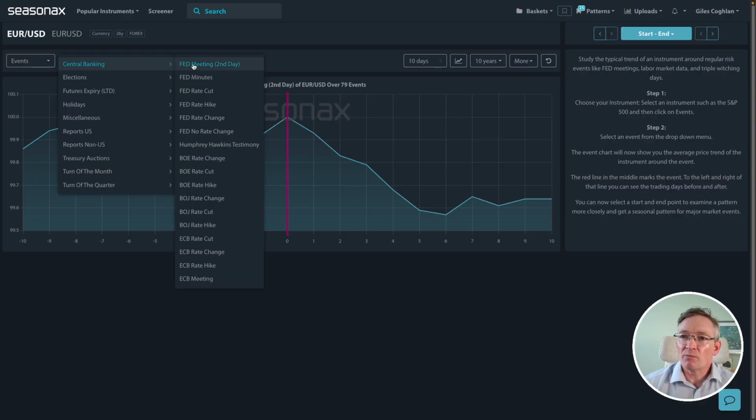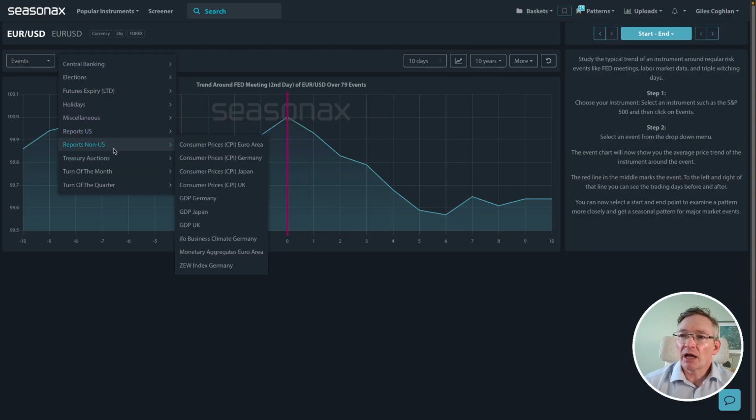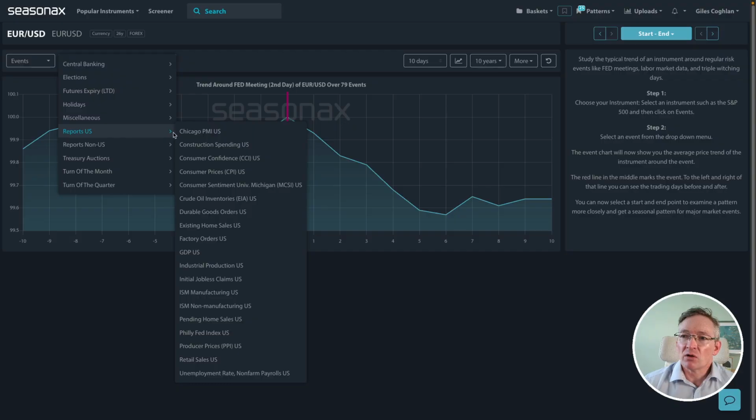These are the different central bank meetings. You can look at GDP for the UK and Germany, and CPI prints for the Eurozone. You've also got the major US releases: NFP, ISM services and manufacturing, CPI prints, and US GDP. So instead of relying on instinct, you can see which events have historically created the biggest opportunities.